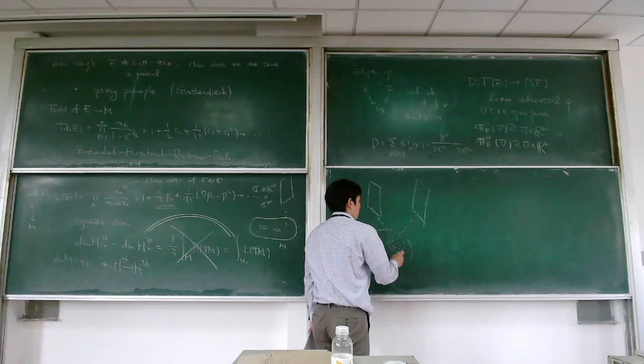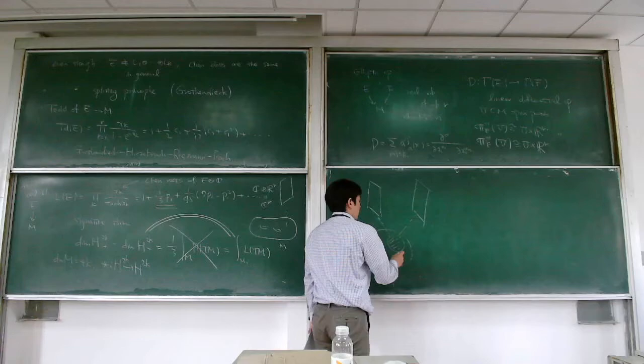Given a section, one can differentiate the section. For instance, there's E here, M here, and you have a section, which is an element of Gamma(E).